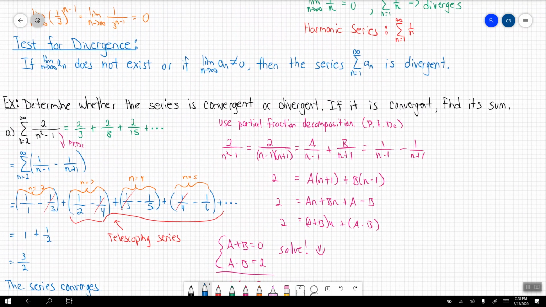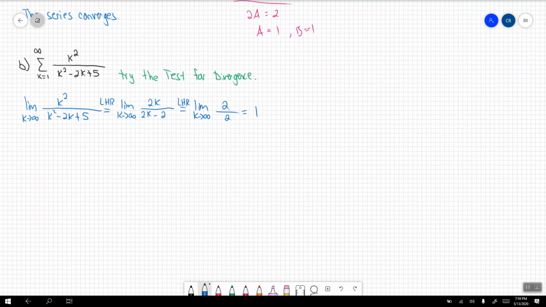Now looking at the test for divergence, one of the conditions is that the limit does not exist. Well, we have the issue that the limit does exist, so that's a problem. But the second one is the or statement. One of these needs to occur. As long as one of them occurs, that's fine. The second one occurred. We got a limit that's not 0. So what does that mean for us? That's going to tell us that the series is divergent.